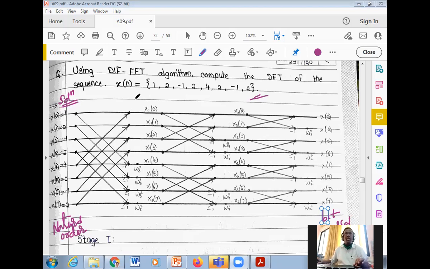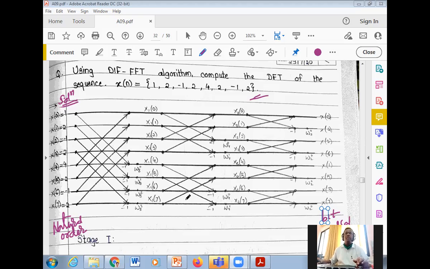So if I want to calculate this output now, x1 of 0, can anyone tell me how we are going to calculate x1 of 0? Pranav, are you there?